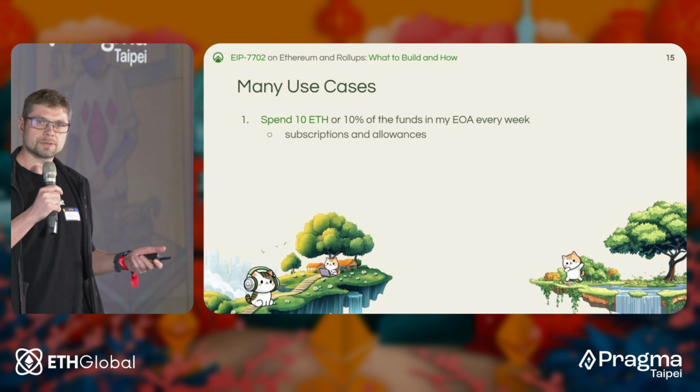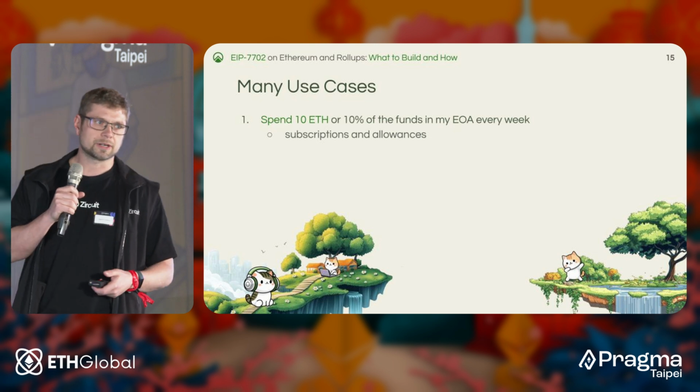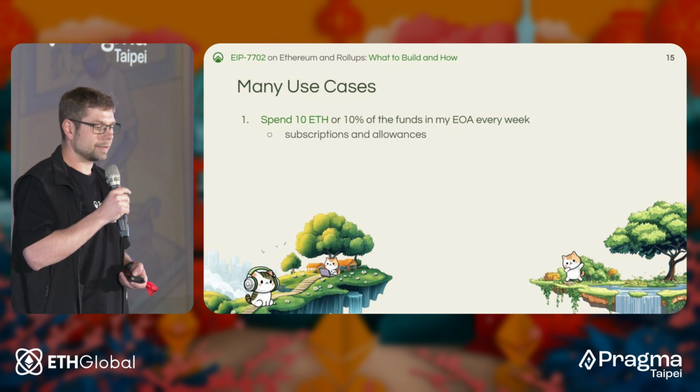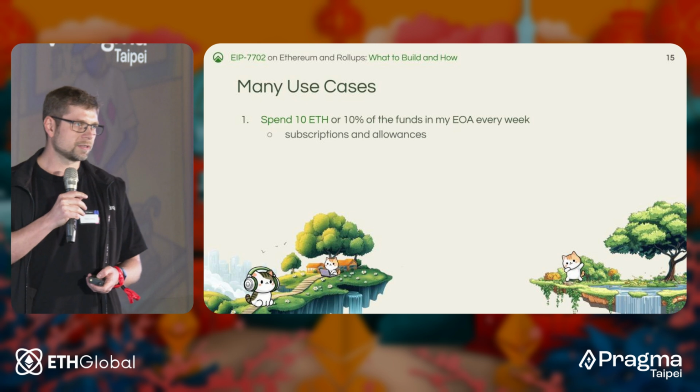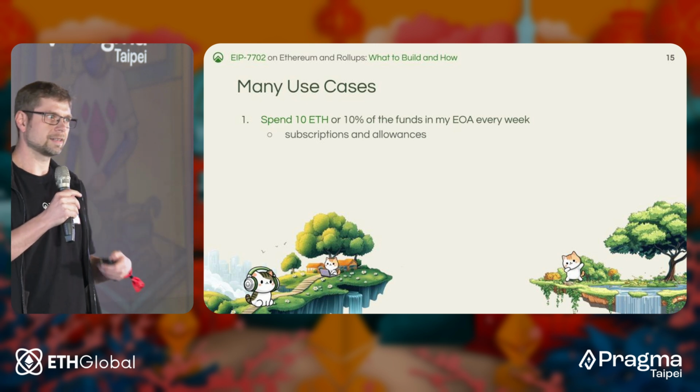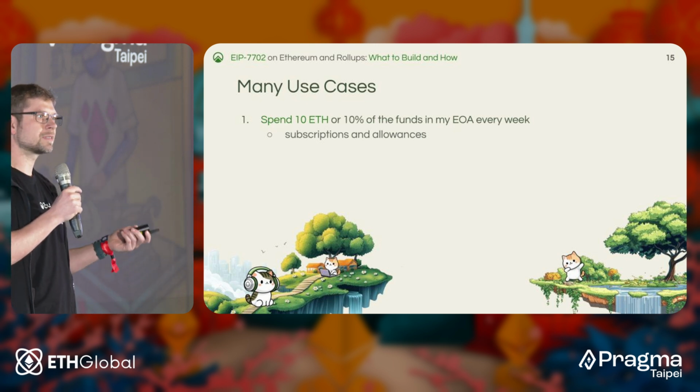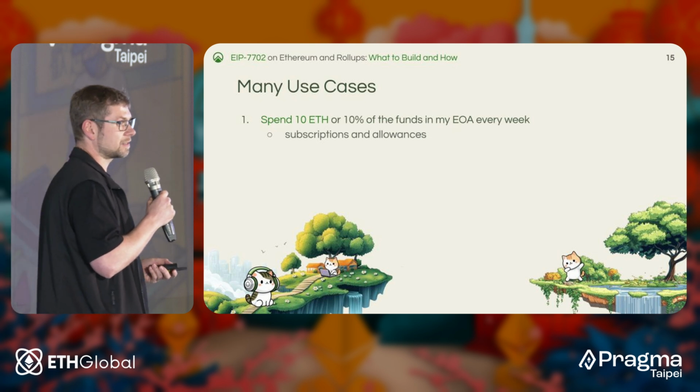If you know something about the EVM and about building smart contracts and how Ethereum works, right now you actually do not have any means of allowing somebody else to manipulate Ether in your account. There is no approval for somebody else to be able to withdraw from your account. With EIP 7702, we suddenly get the possibility to delegate the account to some smart contract that allows some other people to spend assets from that account.